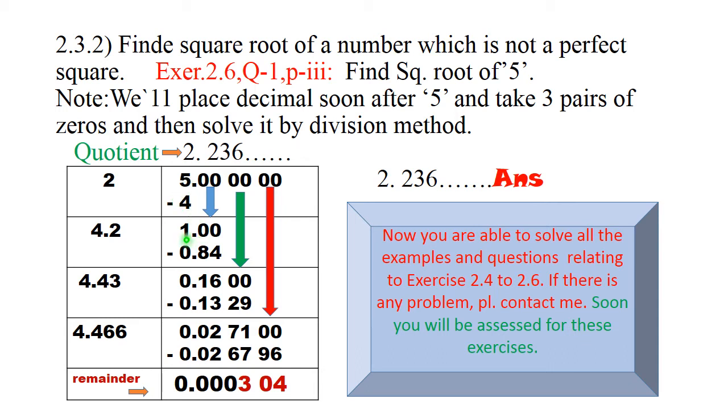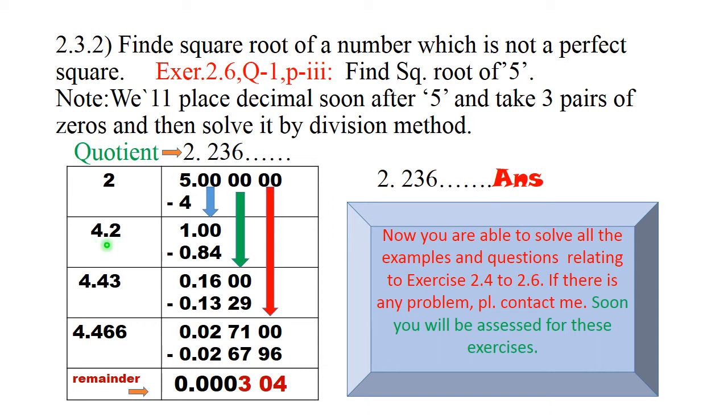Now according to the steps mentioned above, we twice the first index, we get 4, and now we find a digit for the unit place after the decimal, and that is 2. Now multiplying 2 with 4.2, we get 0.84.